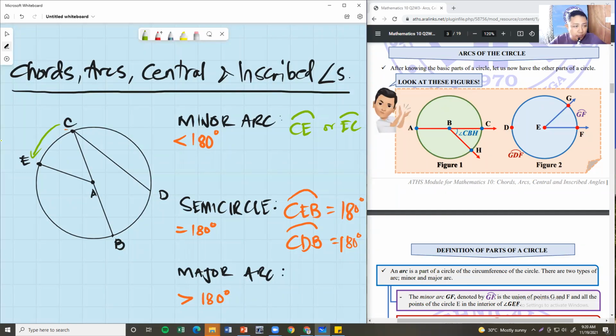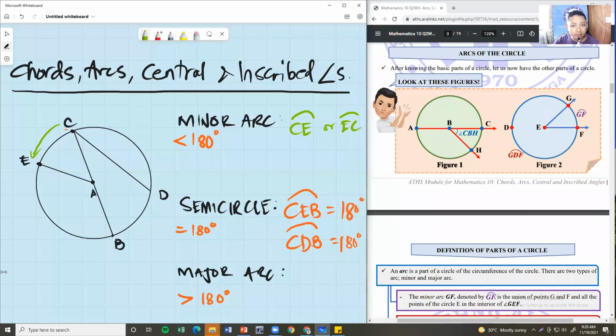Okay? What else? Name, please type in the chat box. Name other minor arcs in this figure. Don't forget to write arc. If you cannot type the arc symbol, at least type the arc word.